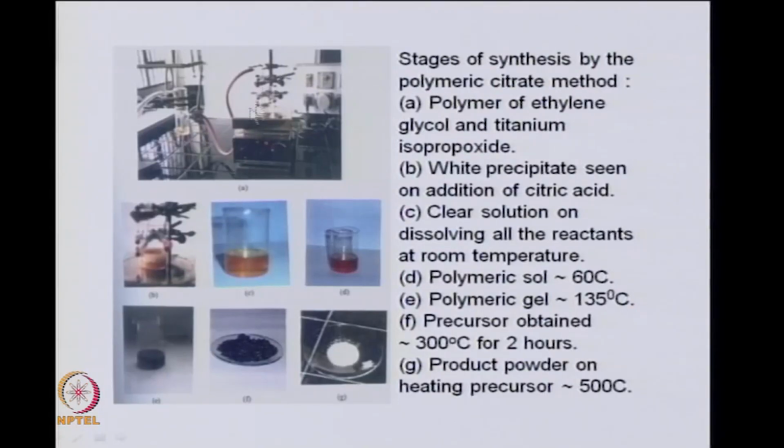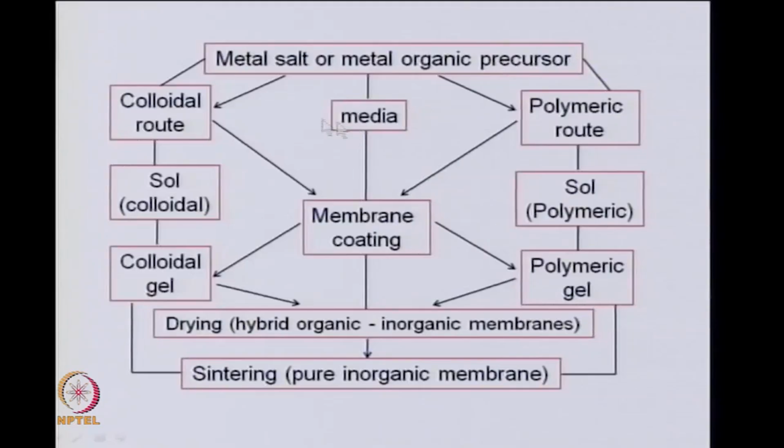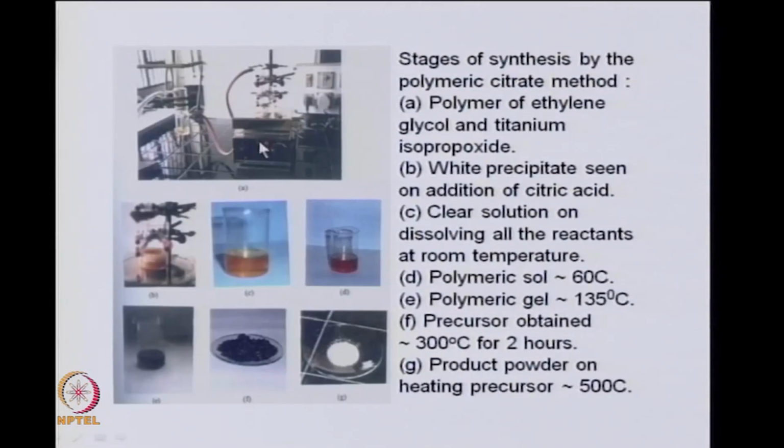So, what you are doing is stirring in the absence of air, in the presence of nitrogen, and you start with ethylene glycol and titanium isopropoxide as your starting materials. Then you can see slowly after some time a white precipitate when you add citric acid, and this is also being heated at a temperature like 60 degrees or so.